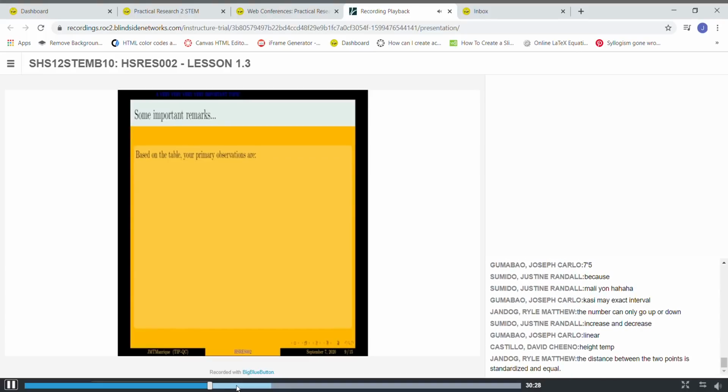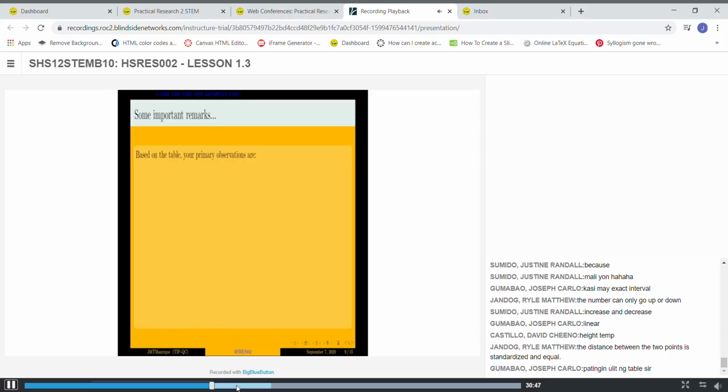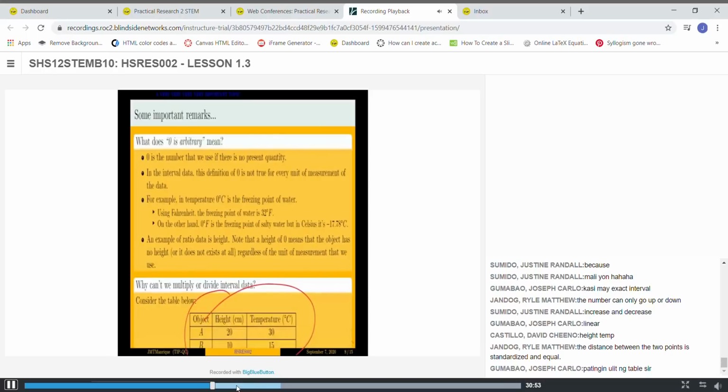Linear, that is a very interesting observation, pero medyo malalim na yan. The distance between the 2 points is standardized. Can you be more specific about it? Ito po, ayan yung table natin.